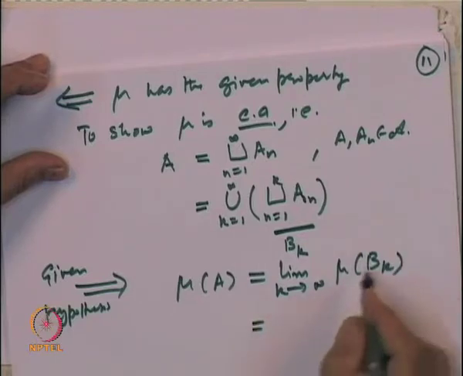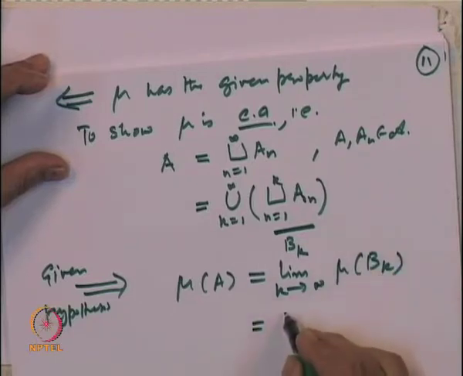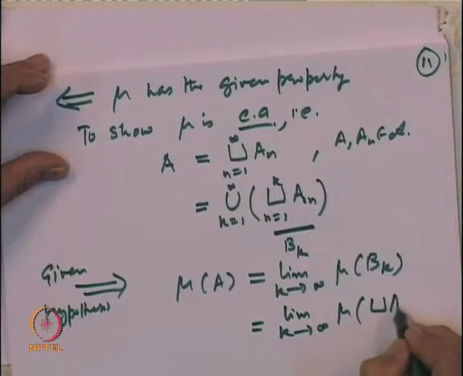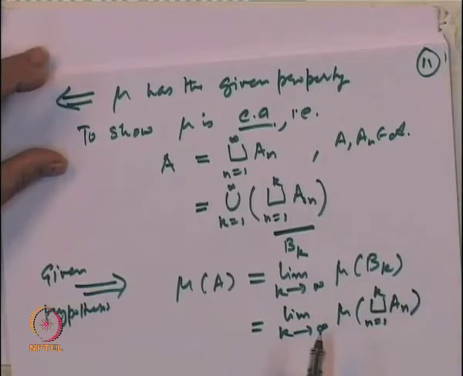And now, let us go back to represent B k's in terms of A's. So, that is the limit as k goes to infinity of mu of the union of A n, n equal to 1 to k.